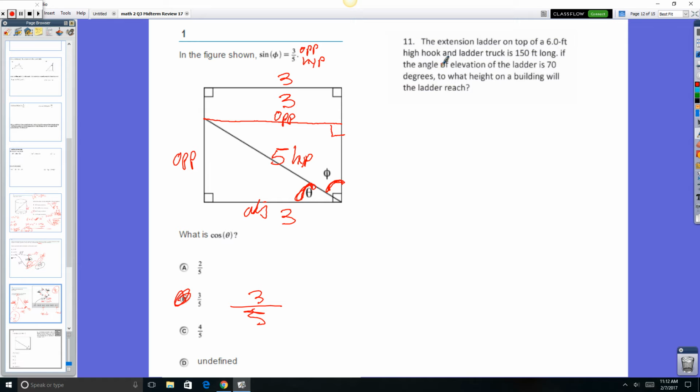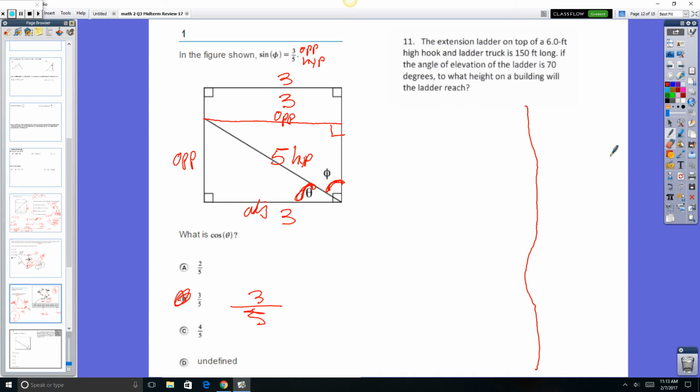Number 11. The extension ladder on top of a 6-foot high hook and ladder truck is 150 foot long. The angle of elevation of the ladder is 70 degrees. To what height on a building? All right, so you got some building. Then you got a fire truck that has a ladder.